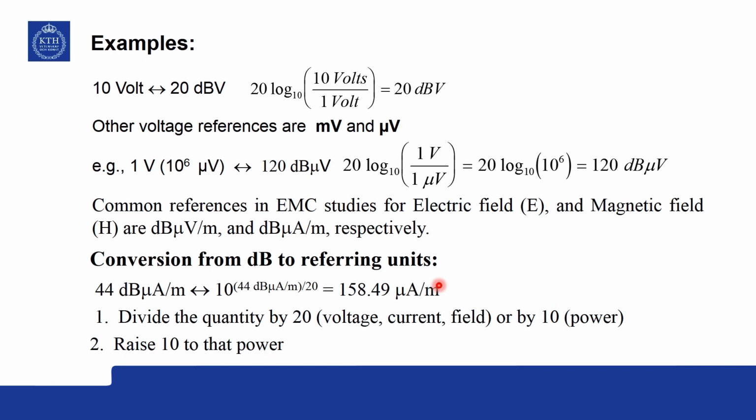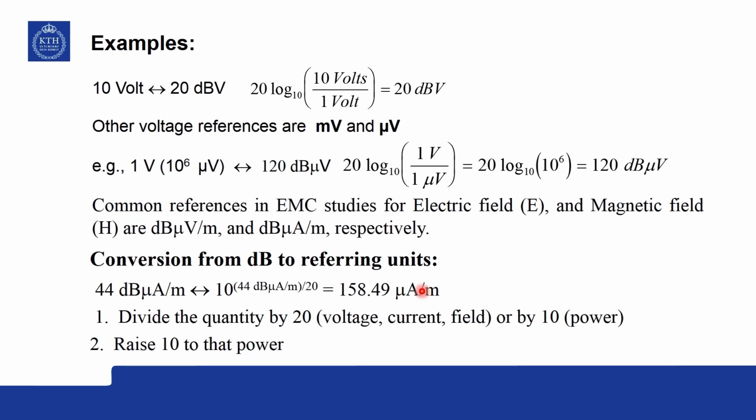So, this you can further convert it into say 0.15849 milliampere per meter, or 158.49 times 10 to the power minus 6 amperes per meter, like that you can write.